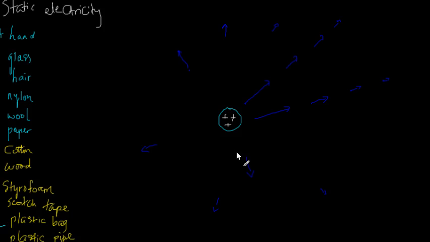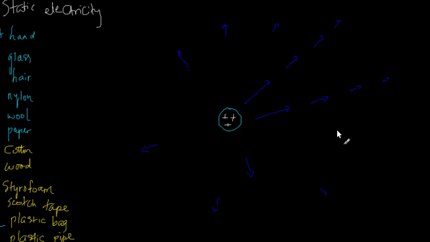Now that's a very long-winded way of describing how this pattern of force would look, of describing what directions they would be pointing in if you put a charge somewhere in the region.